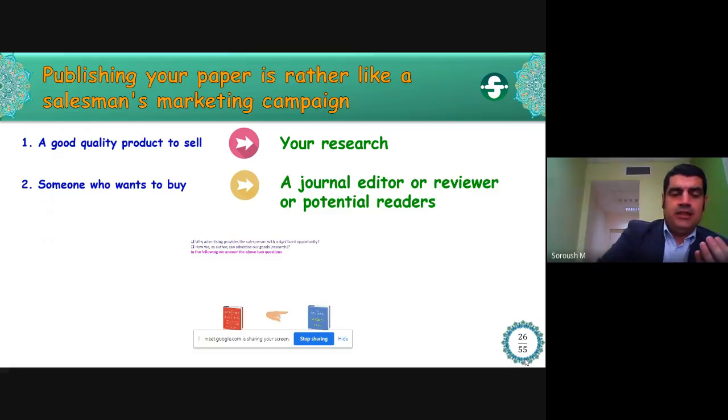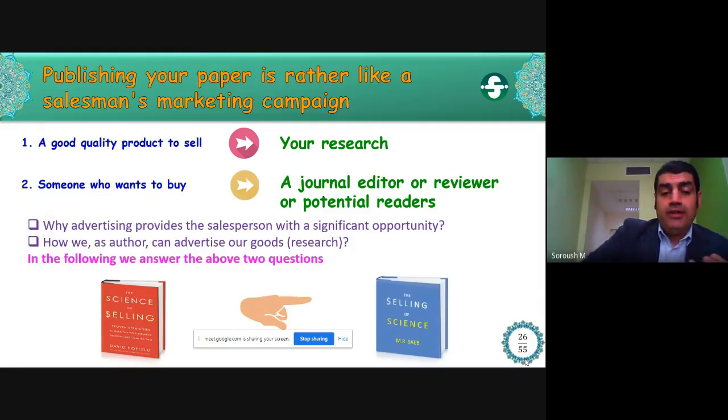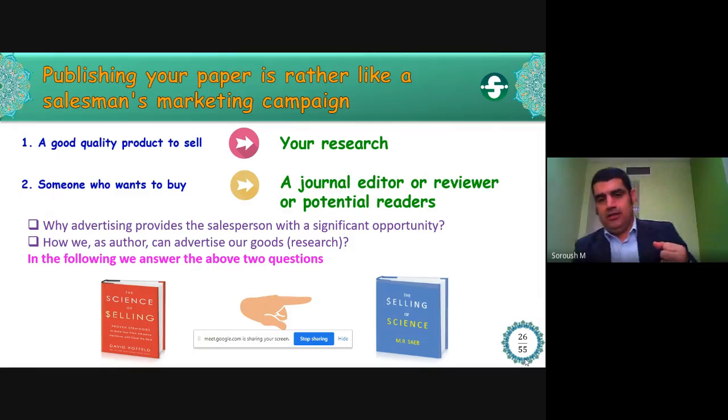To do this, we should advertise properly as a salesperson to have the eyes of those who would pay for our research in the market, and we should know how we can lure the attention of others and present the best goods we have at hand.